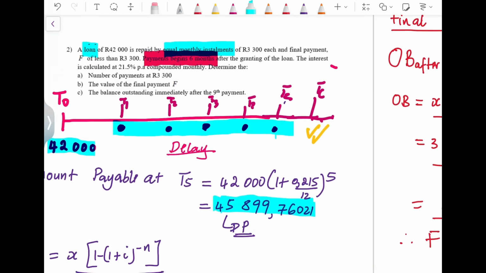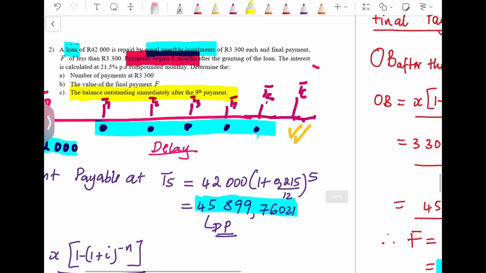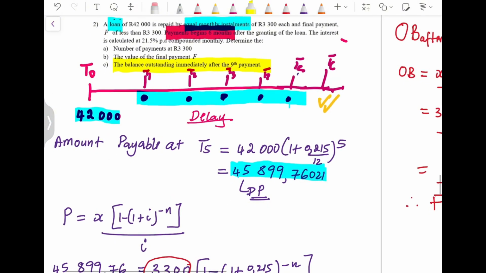The last question here, we are required to calculate the outstanding balance after the 9th payment. So, outstanding balance after payment number 9, okay?